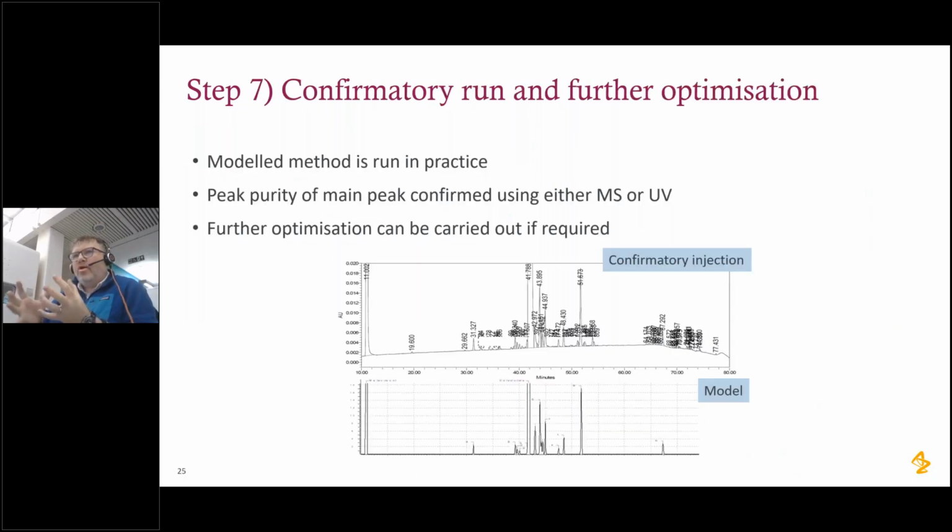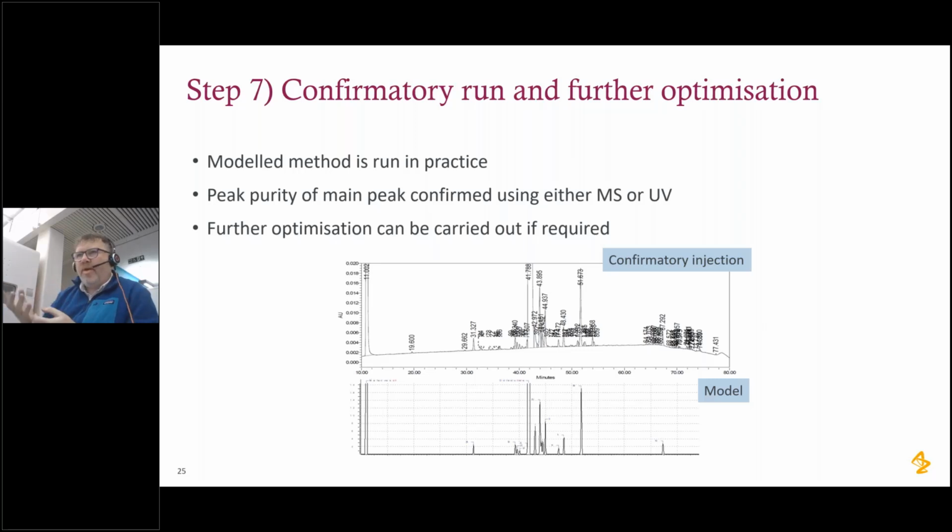So once we've got to that optimized point, we then say, right, what does this look like in practice? You can see there a real example where the model gave us a particular chromatogram at the bottom that we said would be acceptable in this case.